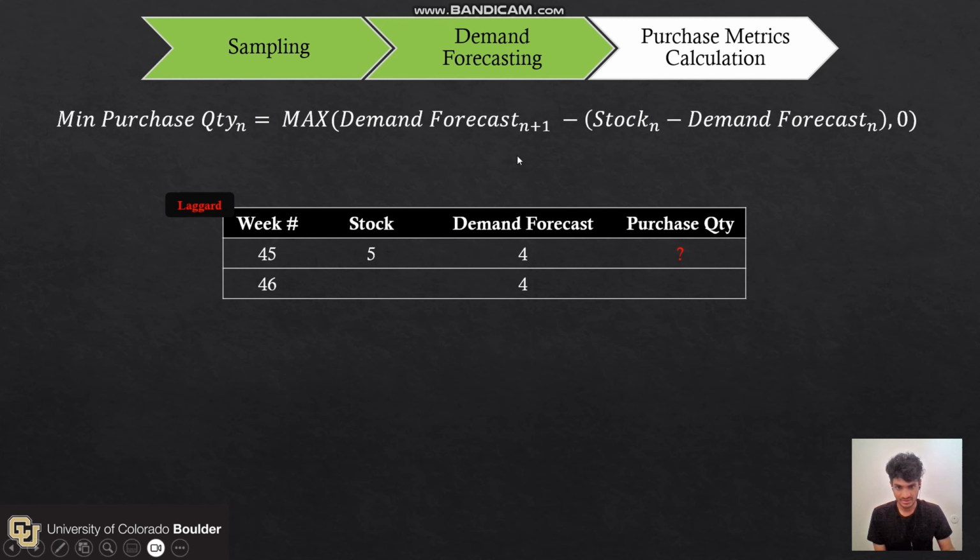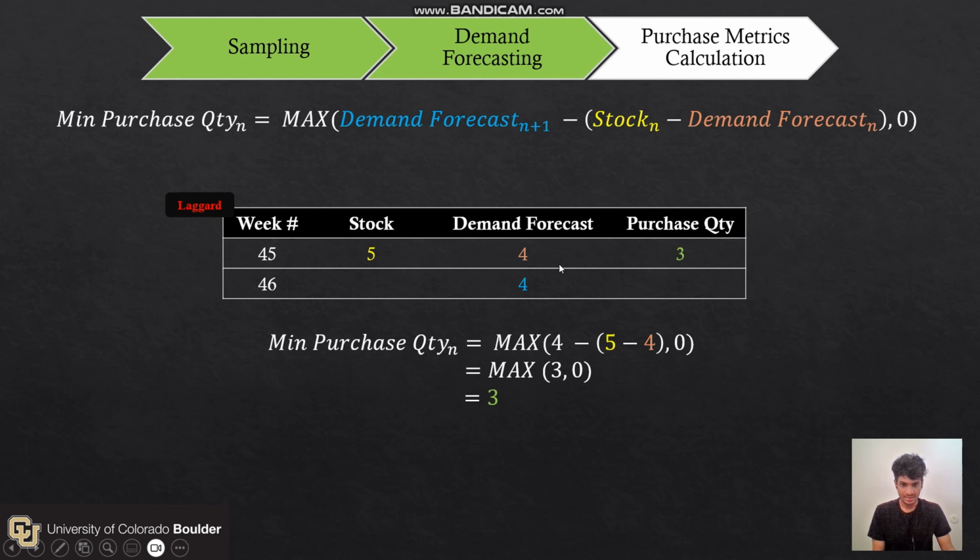So we will first apply this formula, where we first subtract the demand forecast of the current week from the stock of the current week, which will give us the estimated stock availability by the end of that week. That is subtracted from the demand forecast of next week, which will give us this number 3, which is basically the quantity that we still need in order to meet that demand.